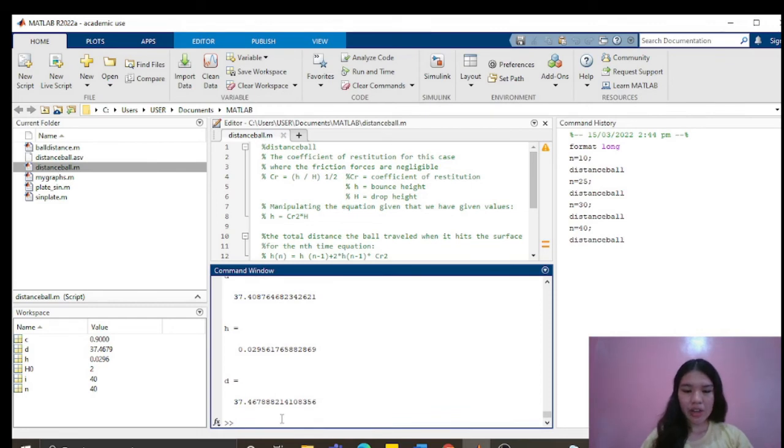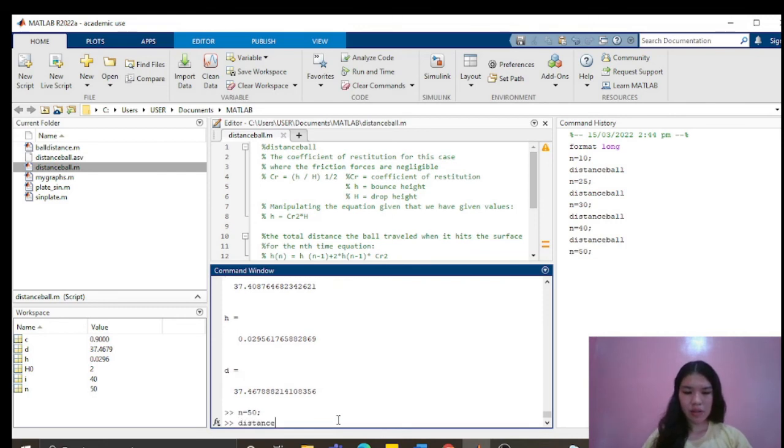We'll try another one so that we can conclude that 37 would be the distance, or that at 37 it stopped changing the distance of the ball. So we try 50 to add another 10 bounces.